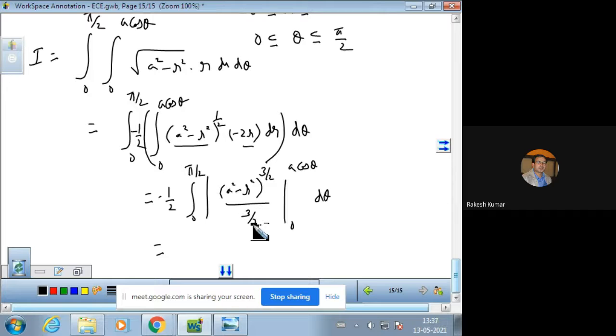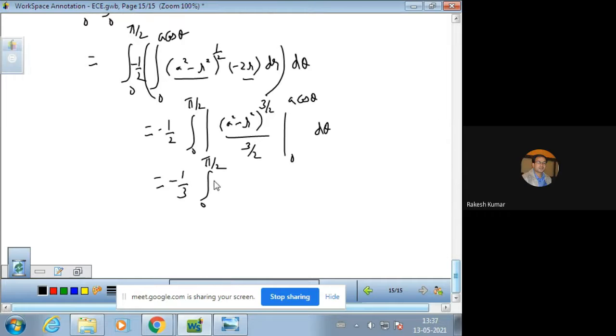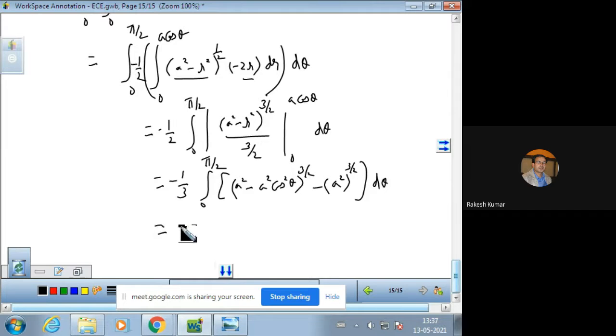So 3 by 2 can be taken in the numerator. Here you will have minus 1 by 3, 0 to pi by 2, and put the upper limit here: a square minus a square cos square theta raised to power 3 by 2, minus, put 0 here, you will have a square raised to power 3 by 2, into d theta. Minus 1 by 3, 0 to pi by 2, a square can be taken common, so a square common raised to power 3 by 2 will be there.